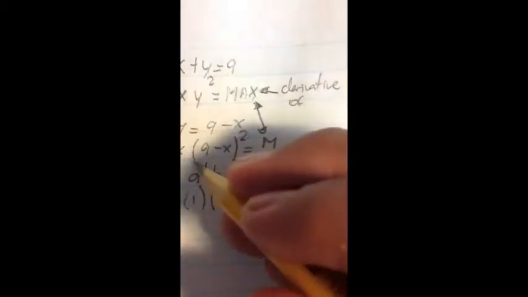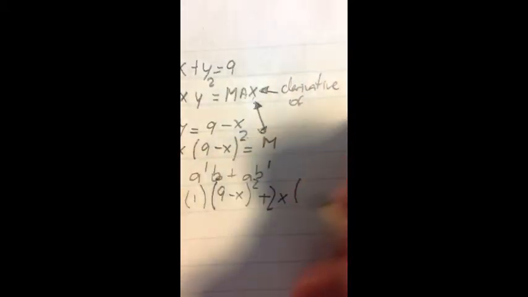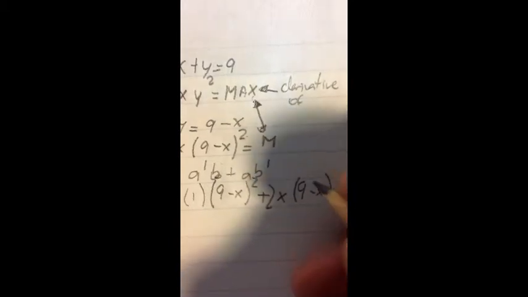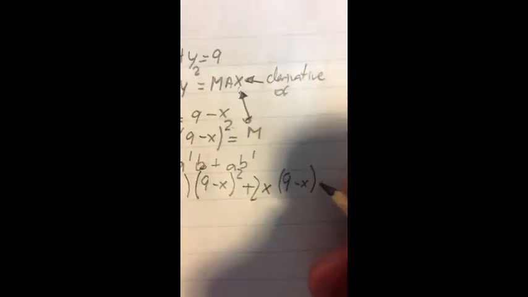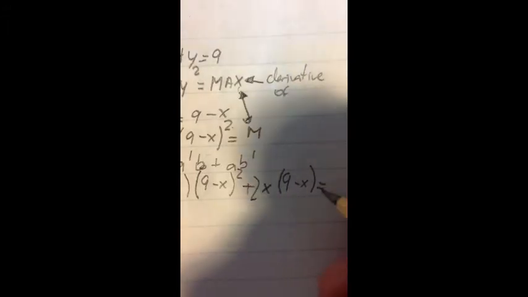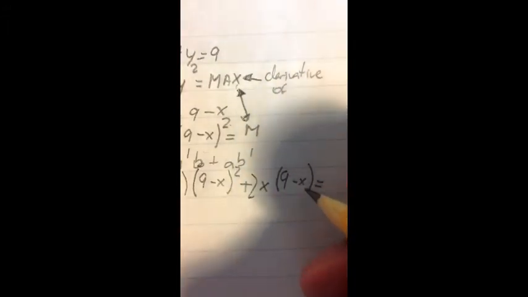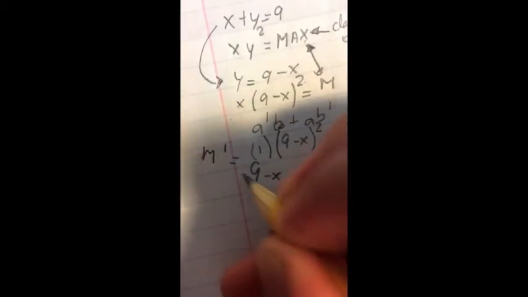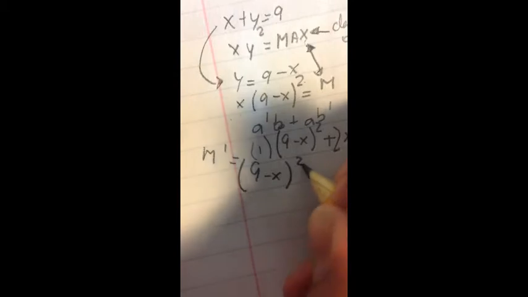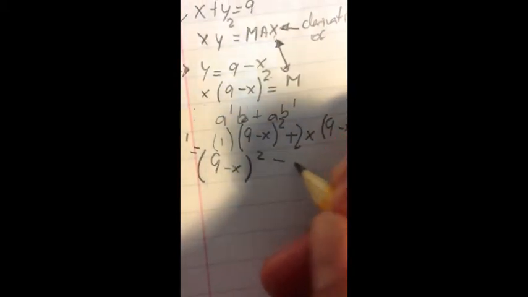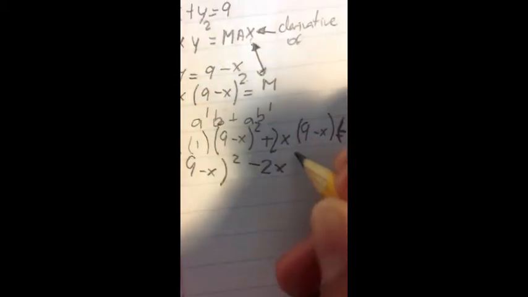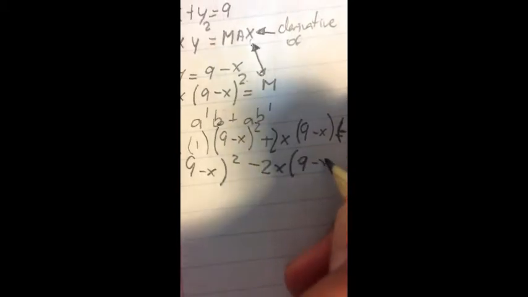So then 2 goes down, so put a 2 here, (9 minus x) times the derivative of the inside, if you know the chain rule, and that's 0, and this becomes -1. Sorry for this, -1. So then (9 minus x) squared minus 2x times (9 minus x).